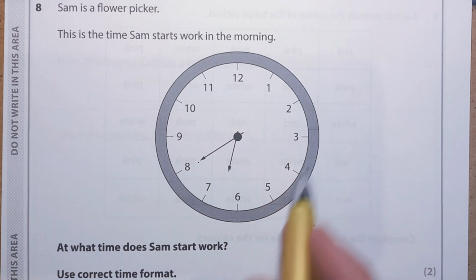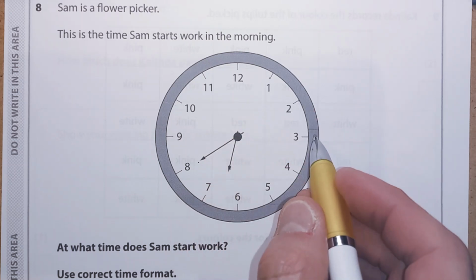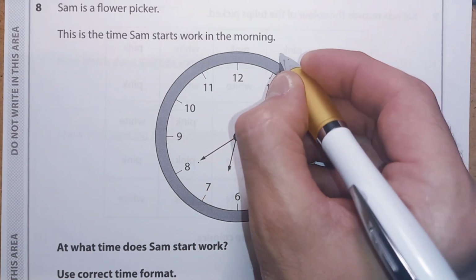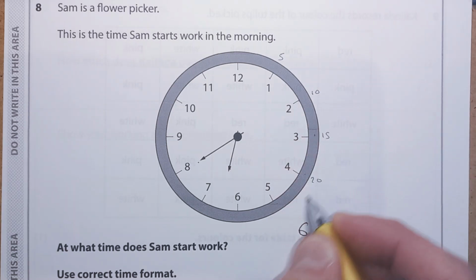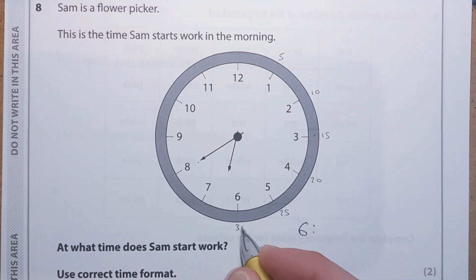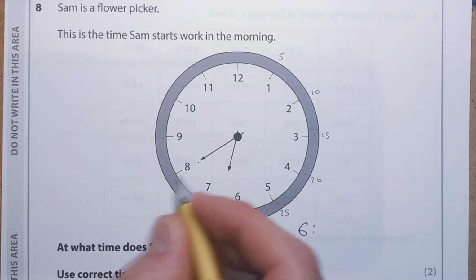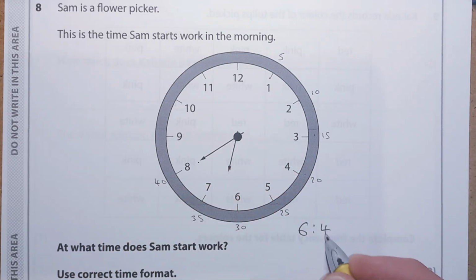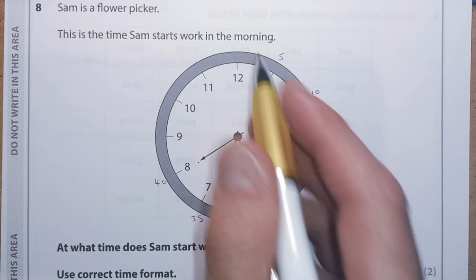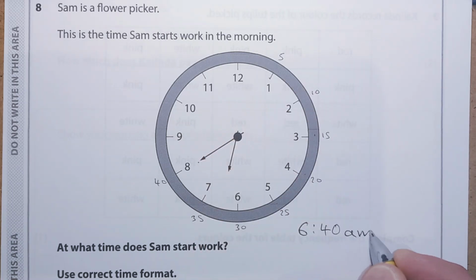And if you remember going around the clock, each of these counts for 5 minutes. So we've got 5, 10, 15, 20, 25, 30, 35. This is the minute hand, so 40. So the time is going to be 6:40, and we're told it's in the morning. So that's AM.